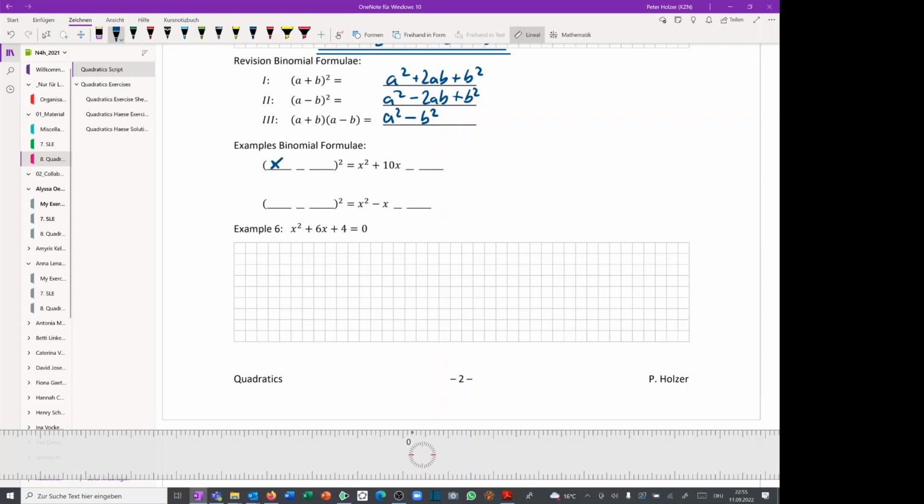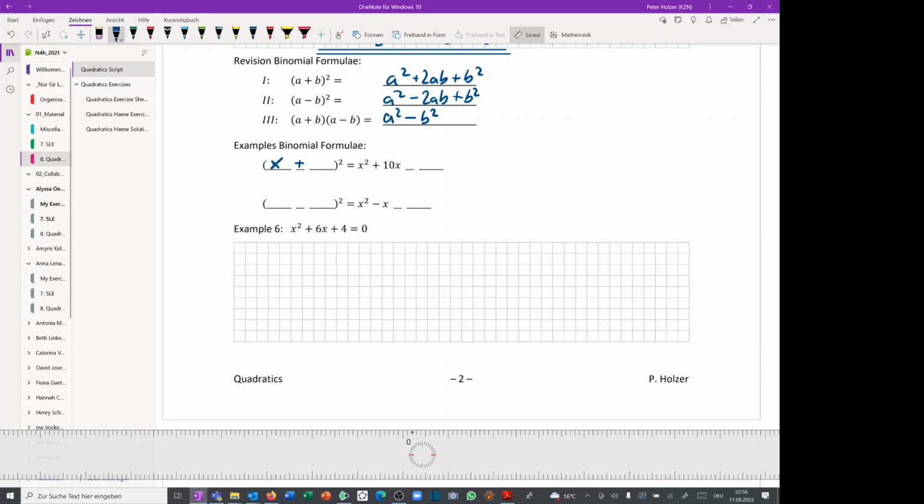And then, because of the plus 10x, we know it is about the first binomial formula, so it's plus 2ab, so we have to write also a plus b squared, so it's a plus in here.